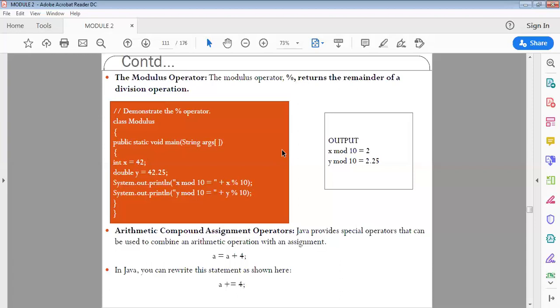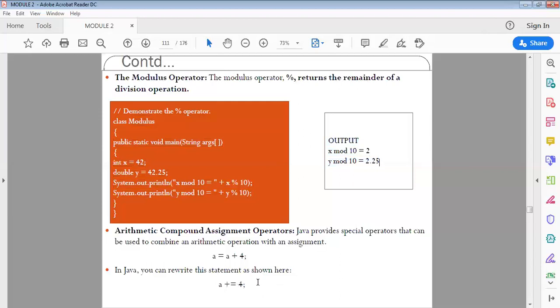Shorthand is used when you have the left and right variable the same. So left of the assignment operator you have a, on right of the assignment operator also you have a. That can be replaced as the following statement: a plus equals 4. So that can be rewritten.